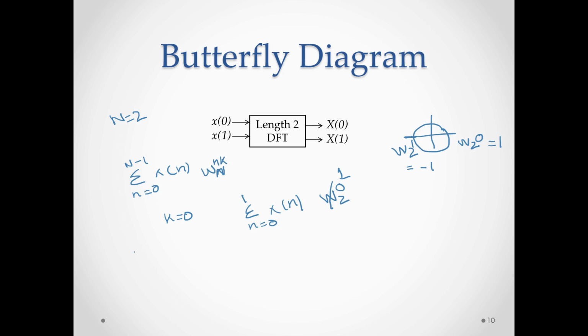So how we can reduce: for k equal to 0, our answer x of 0 would be equal to x of 0 plus x of 1.